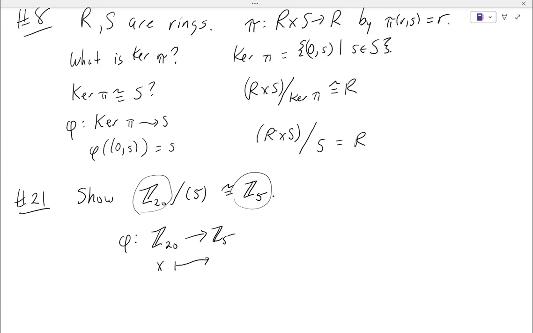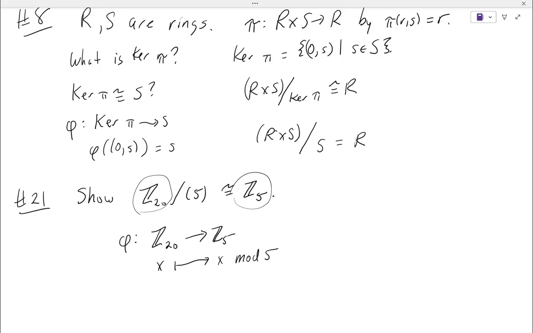Mod it by 5, yeah. That's certainly going to be surjective without any issues, right? The elements in Z5 are 0, 1, 2, 3, 4, and you certainly have 0, 1, 2, 3, 4 over in Z20. So surjective is not a problem.